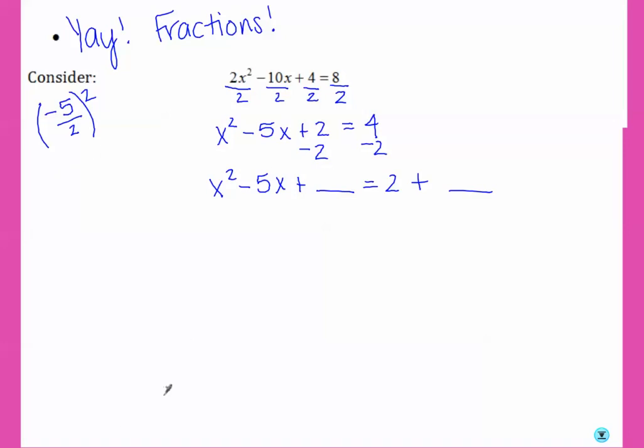And that'll give us 25 over 4. This side will factor to x minus 5 over 2 squared.